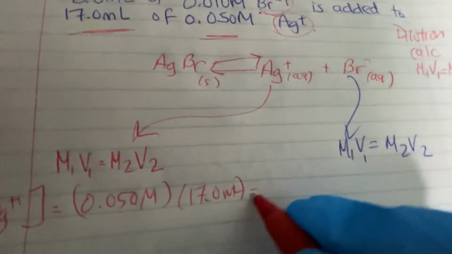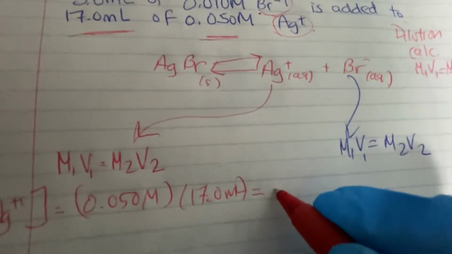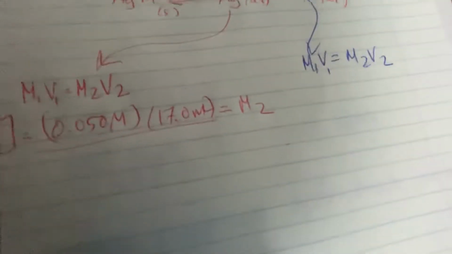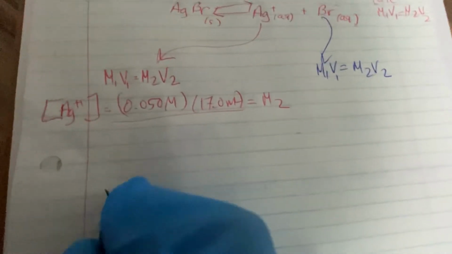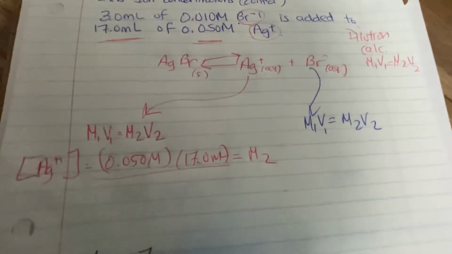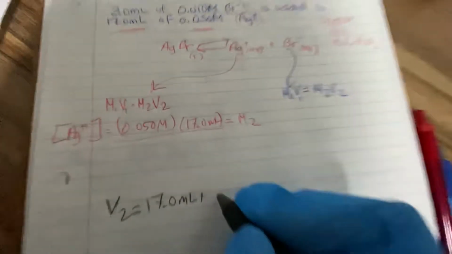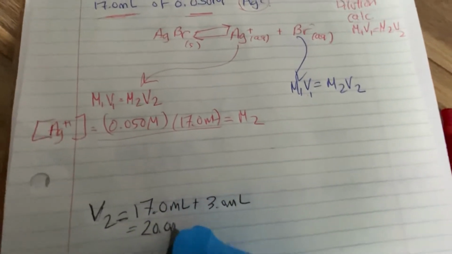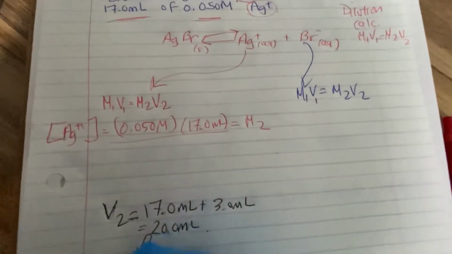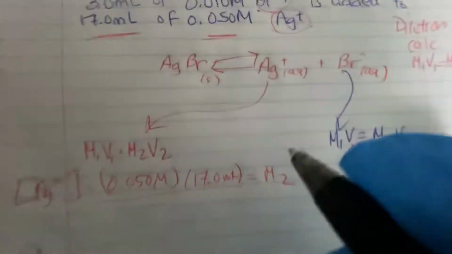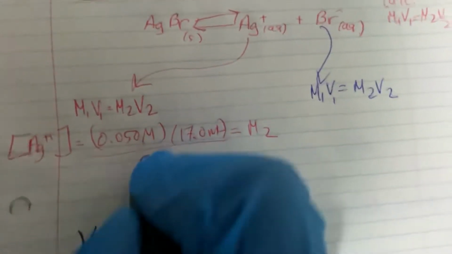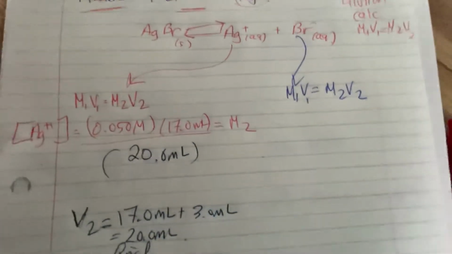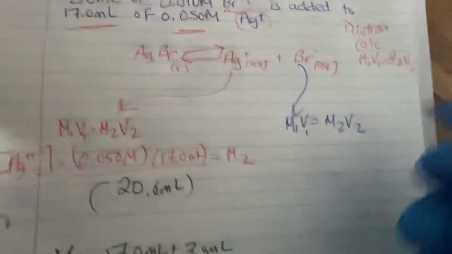And what we have here is M2, and we want to divide by the common volume. V2 in this case is going to be 17.0 mL plus 3.0 mL, so it's actually going to be 20.0 mL. That's our final volume, by the way, and it's going to be the same in both equations. So we're just going to write that down right here: 20.0 mL. You can go ahead and work that out, and I just want to set up this one here.